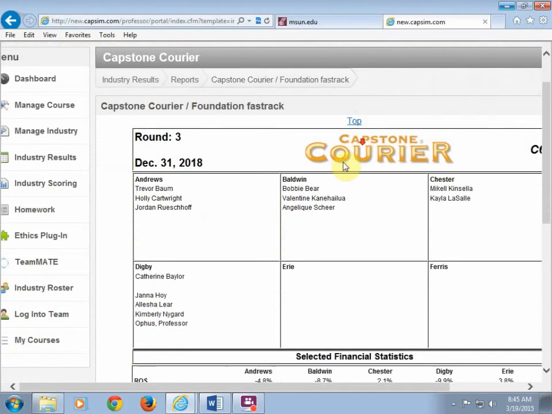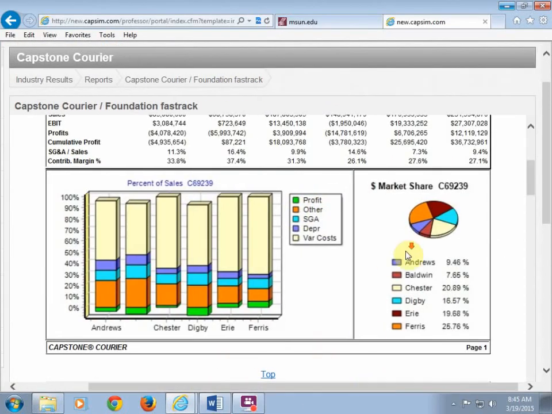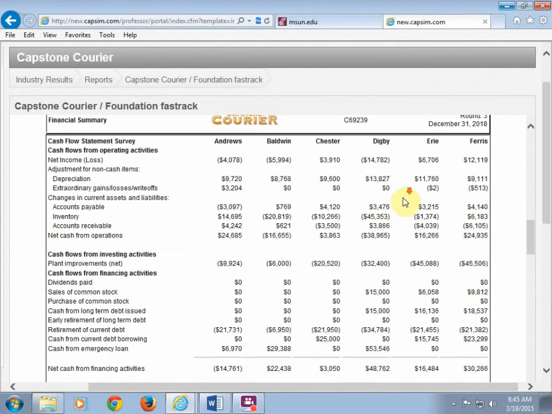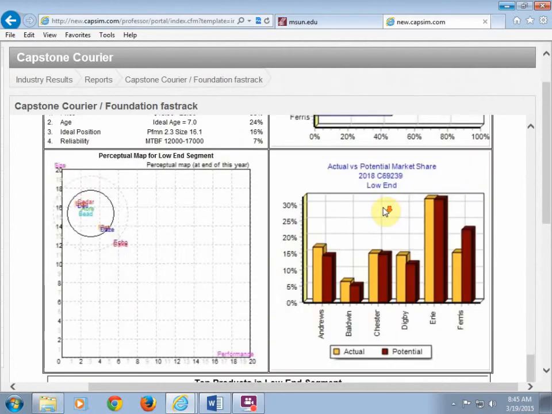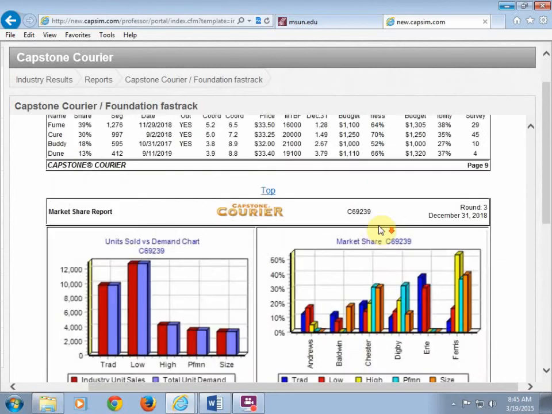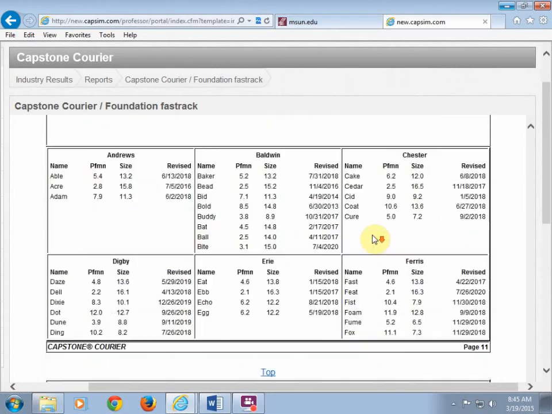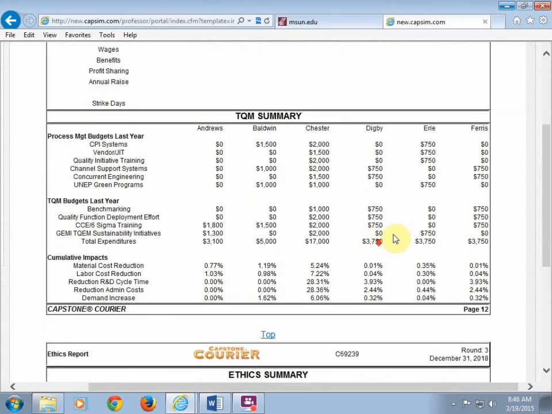One thing, and it might be something that we could expect a little bit in the future, Mikhail and I were talking about it yesterday a little bit. Okay, I'm going to come back down here. Chester spent $17 million in TQM. Okay, TQM is an expense.